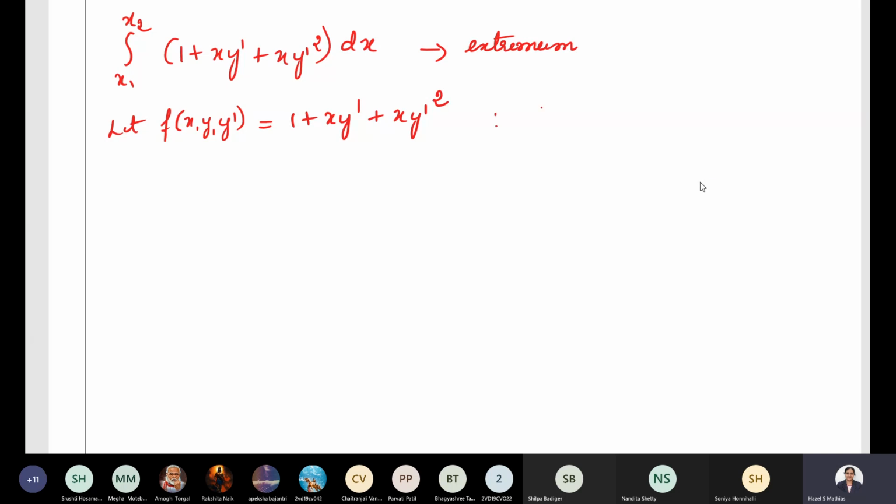From Euler's equation, what do we have? Dou f by dou y minus d by dx of dou f by dou y dash equal to 0. So this is Euler's equation. This is a necessary condition. Now, this f of x comma y dash contains x and y dash terms only.